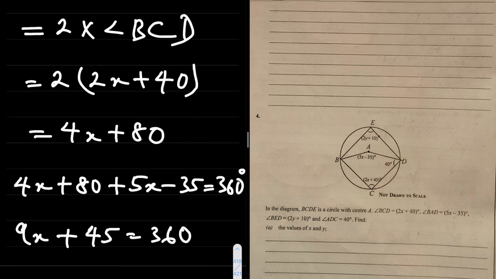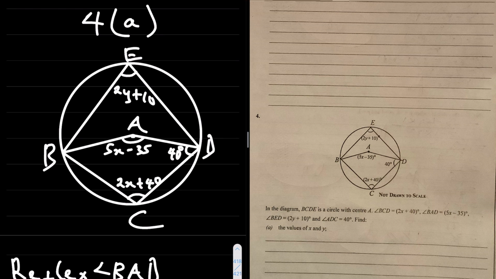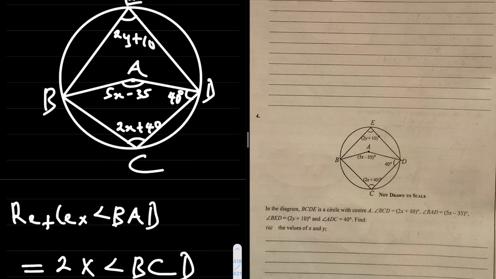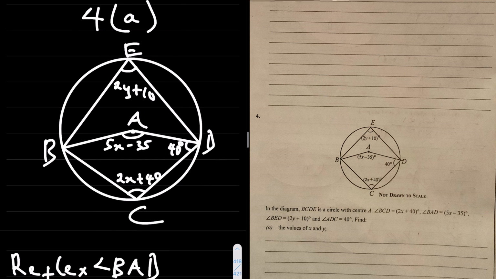Now, I know that if x is 35 degrees, how do I find y? I know that this obtuse angle BAD is 2 times angle BED, and that's all I need. So 5x minus 35 equals 2 times this angle.